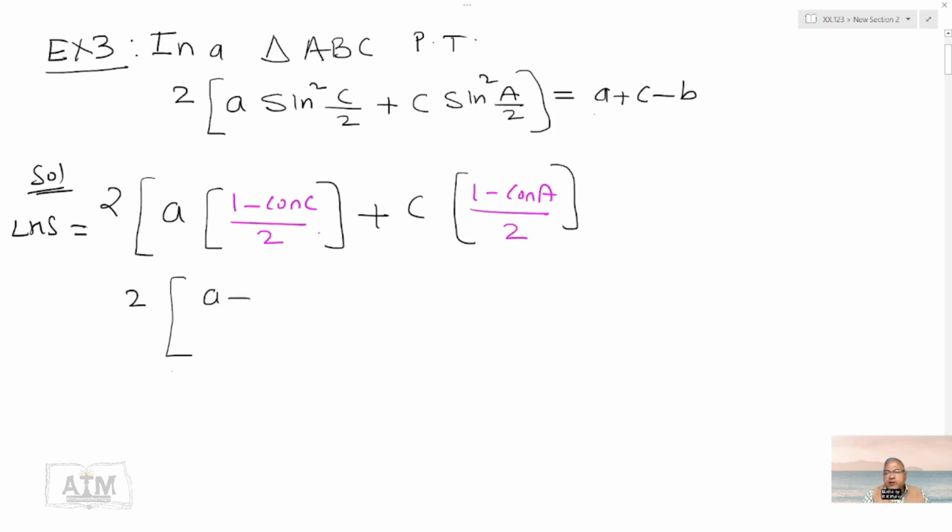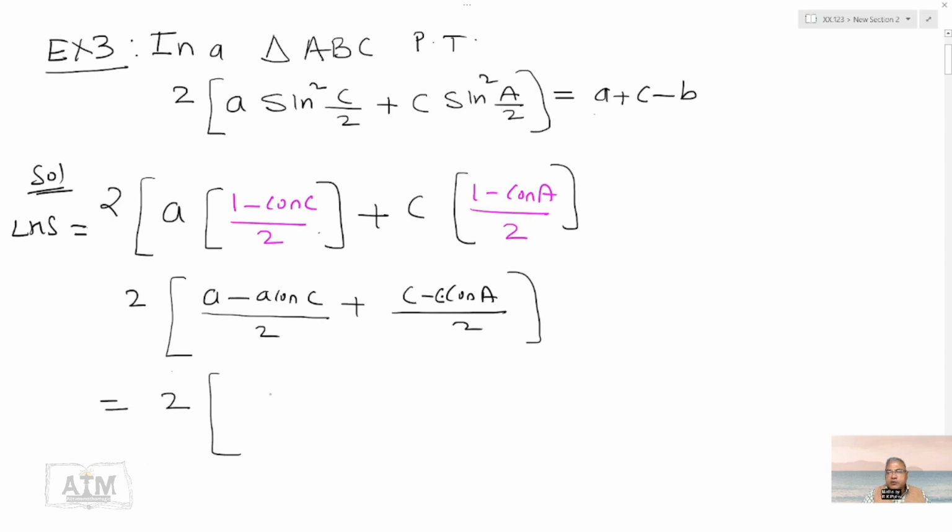So a minus a cos C upon 2 plus c minus c cos A upon 2. This can be written as 2 into a minus a cos C plus c minus c cos A whole upon 2.